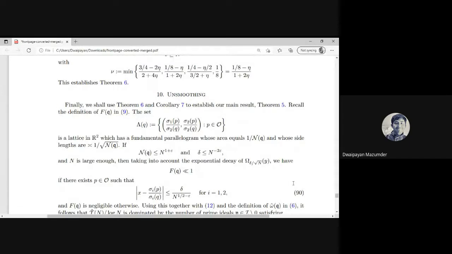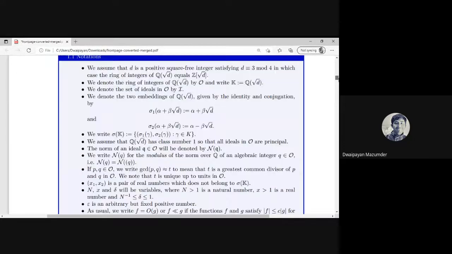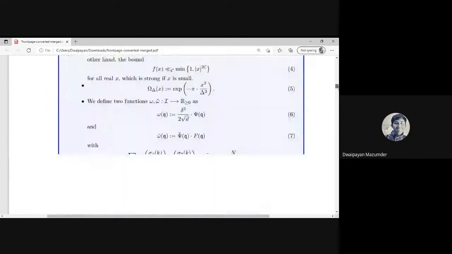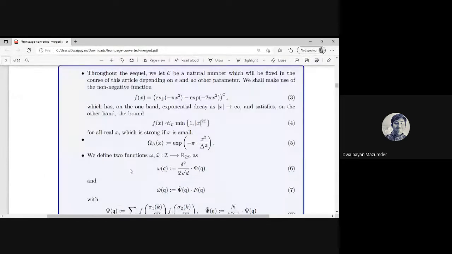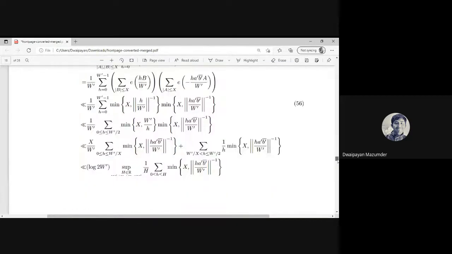Because, as you can remember, for the unsmoothing part, let me remind you that we have a bit of smoothing part here. What you have depicted is the FQ part. In the case of omega tilde q, this involves FQ. So now you need to unsmooth it.